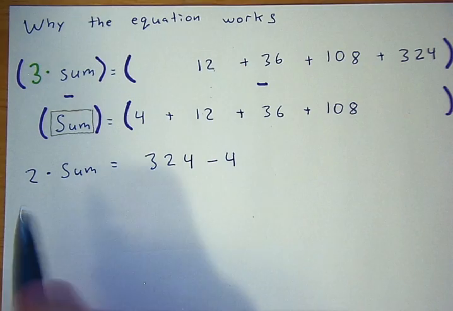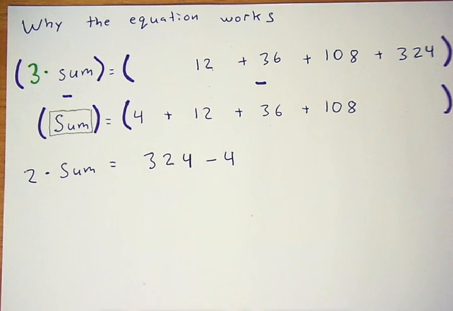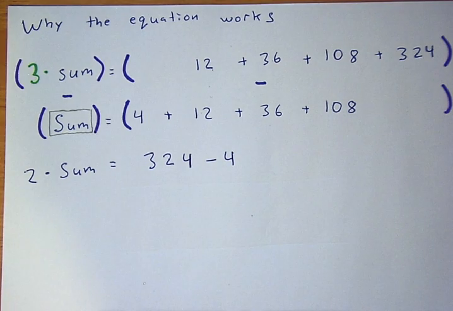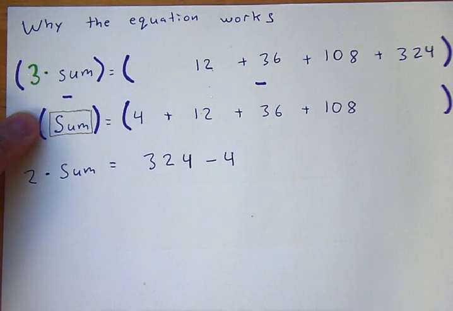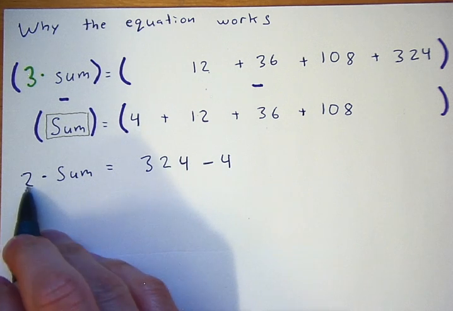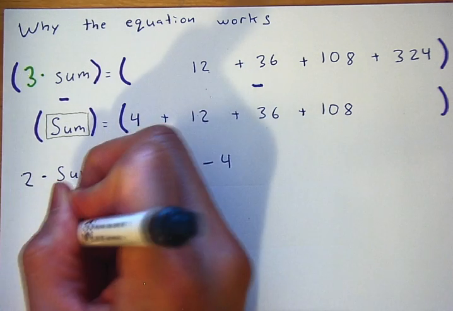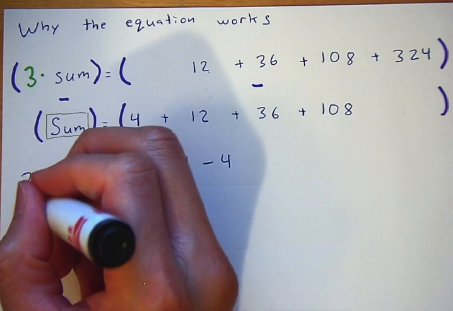Okay, so we have here 2 times sum equals 324 minus 4. And if you remember from the beginning, we were trying to solve for sum. So I want the word sum to be by itself. So the way I get rid of times 2 here is I'm going to divide both of these sides by 2.